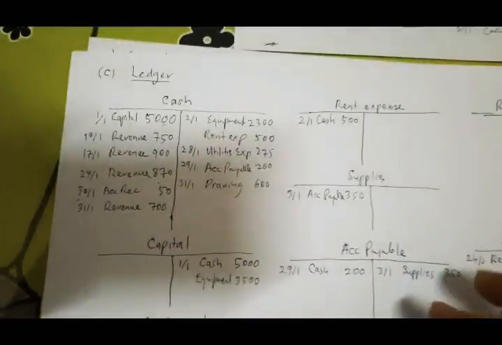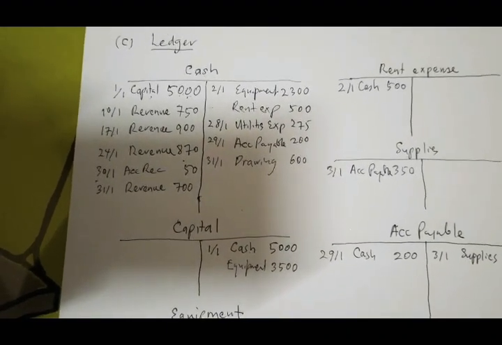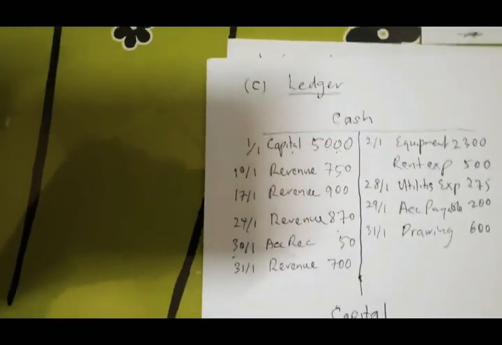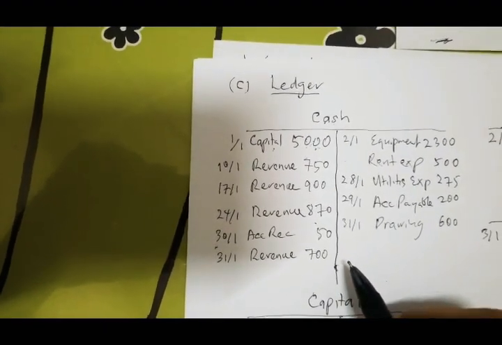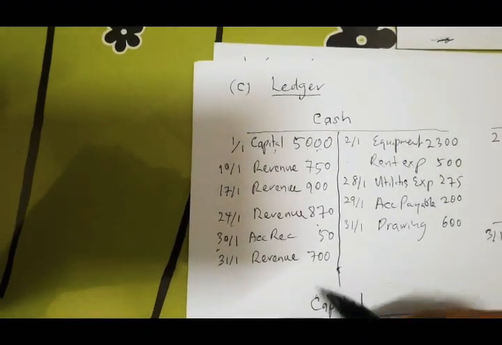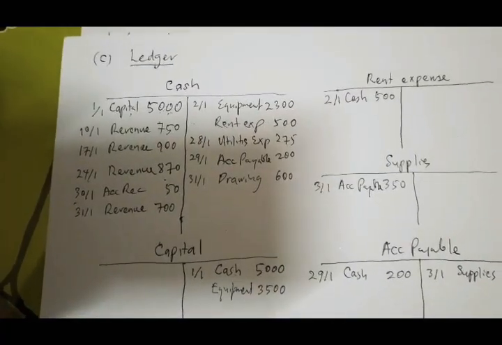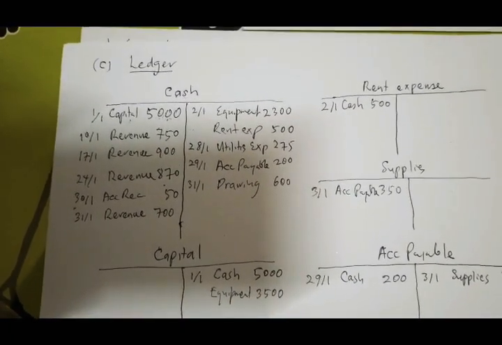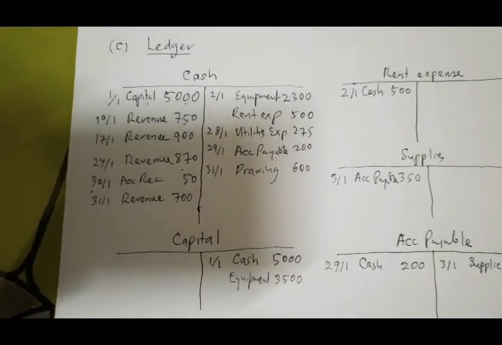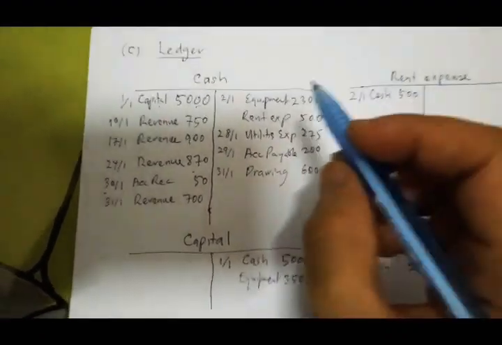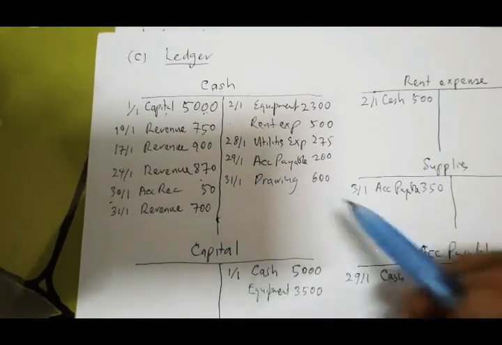See here how to calculate an ending balance for an account. Here we do the account cash first. First, you have to calculate the total of the amounts in the debit side and also in the credit side.